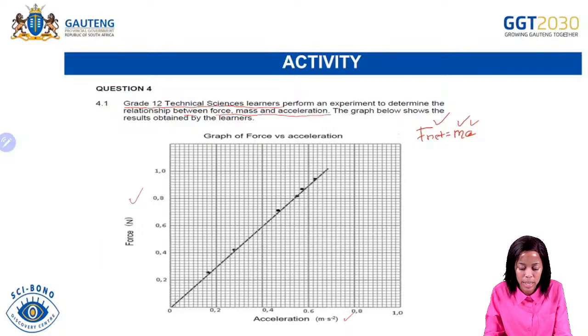And we can also see that we have a straight line. Whenever we have a straight line, it means there must be a relationship which is directly proportional. So in this case, we can answer that question by saying that the F net is directly proportional to the acceleration.